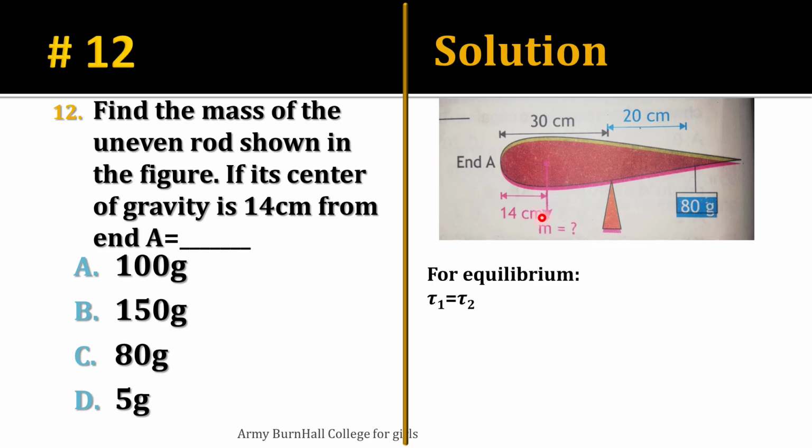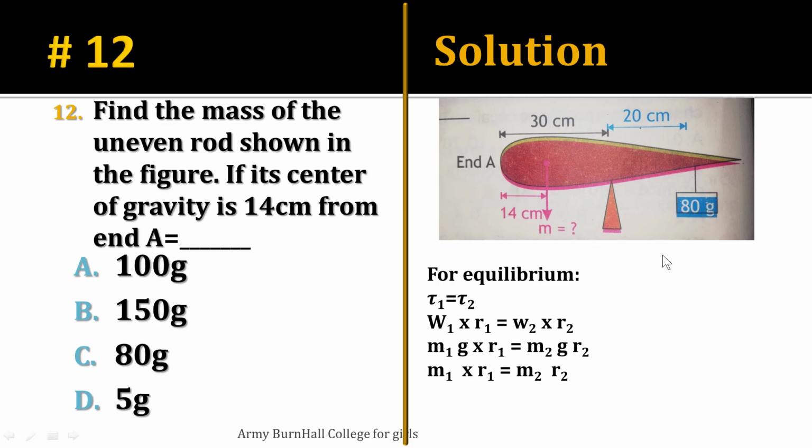The torque produced due to this mass and the torque produced due to this mass should be equal. We put W1 into R1 equal to W2 into R2. Putting the value of weight mg, W1 is m1g, W2 is m2g. G will be cancelled. M1 into R1 is equal to M2 into R2.